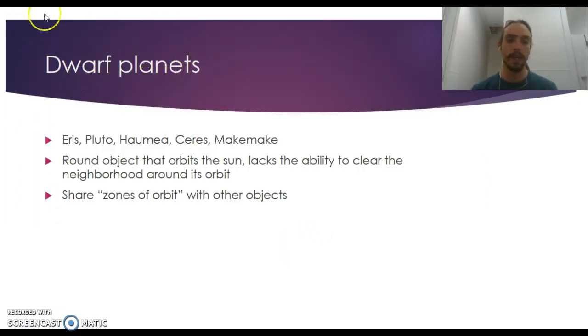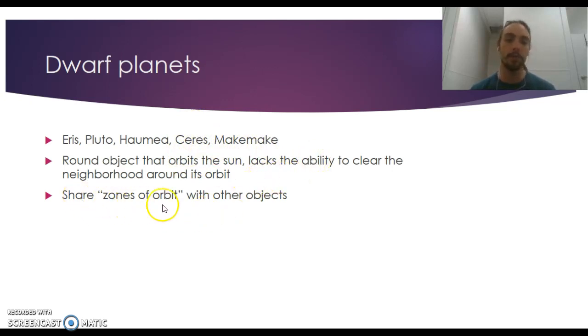So what are dwarf planets? They're essentially just round objects that orbit the sun that lack the ability to clear the neighborhood around their orbit. So there are three distinguishing characteristics of dwarf planets. They're round, they orbit the sun, and they lack the ability to clear the neighborhood around their orbits. The most famous and most observable dwarf planets are Eris, Pluto, poor Pluto used to be a planet, Haumea, Ceres, and Makemake.